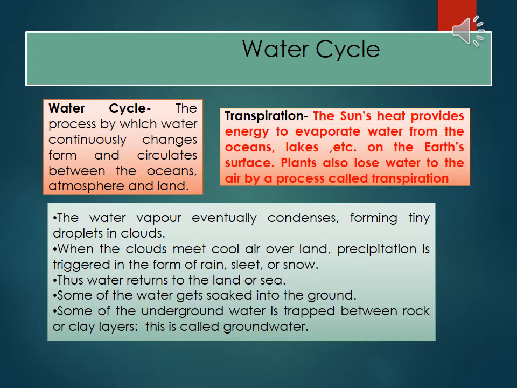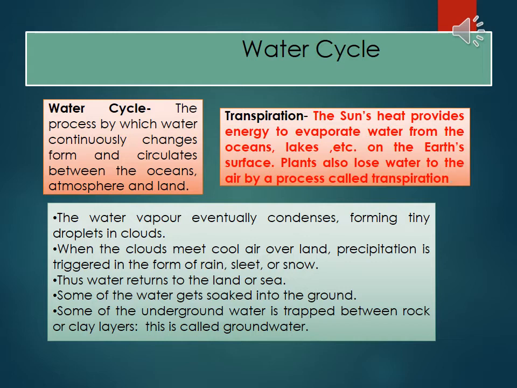The process by which water continuously changes form and circulates between the oceans, atmosphere and land is known as the water cycle. The sun's heat provides energy to evaporate water from the oceans, lakes, etc. on the earth's surface.